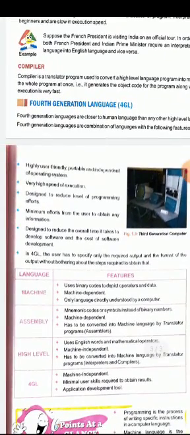This fourth generation language can be operated on any operating system. Its execution speed is high. Less programming skills are needed for writing these language programs, and it is easy to get results. No special effort is needed to get the results.